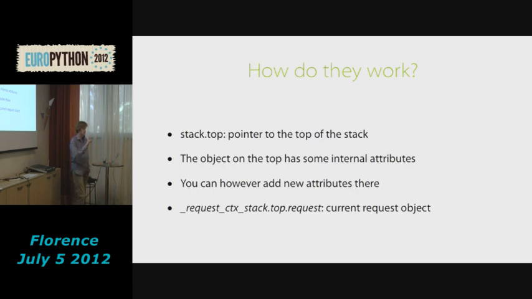For instance, if you use flask.request to get access to the current request, the request object in Flask is actually a proxy to something else, and what the proxy resolves to is request context stack top request. So all the proxies that exist, like G, session, request, all point to an attribute of the topmost object on the request context stack, except for current_app, which points to the application context stack.